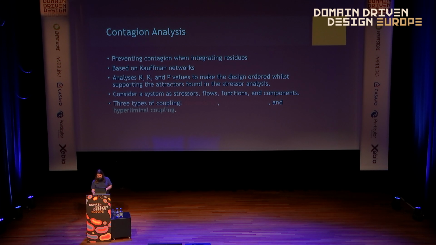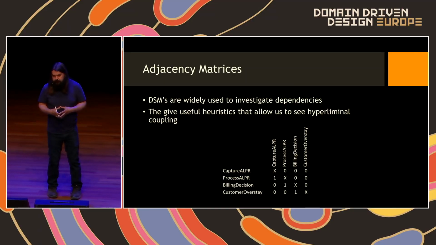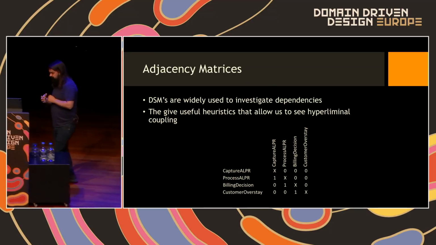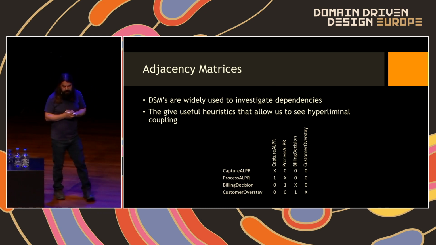And the way we do this, because remember, we're talking about networks here. These are networks, nodes linked by edges. And the way that we work with networks is through matrices. And so the first thing we do is we build a bunch of things called adjacency matrices. And this is just mapping out the links. And you can see here, this is a very simple matrix across a bunch of different functions or flows.